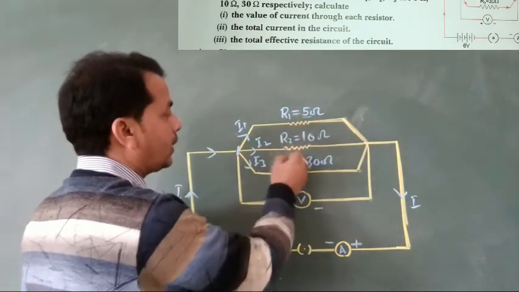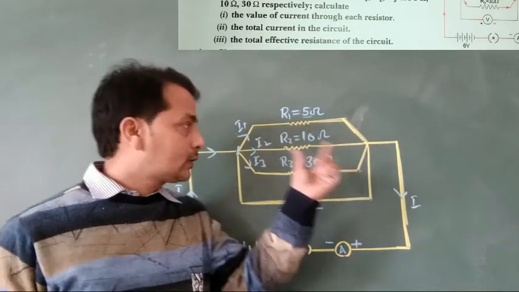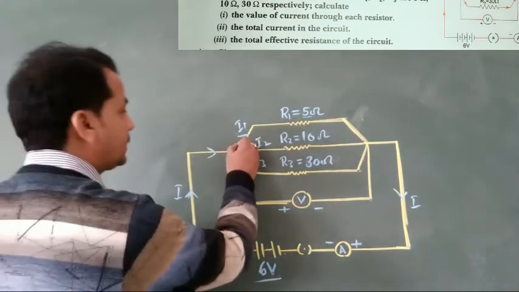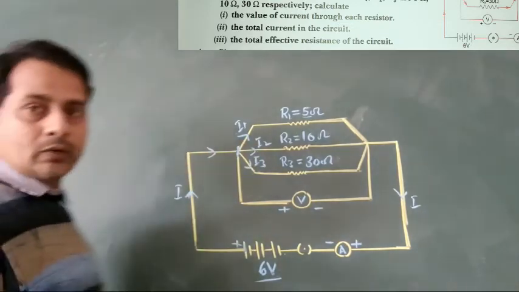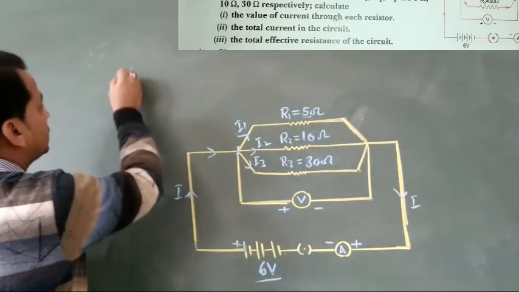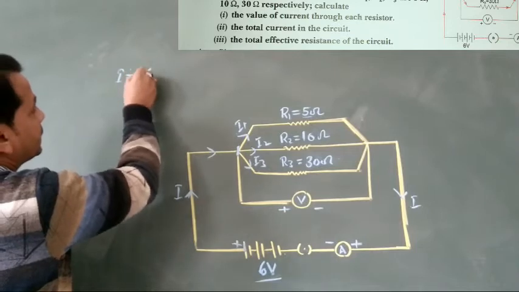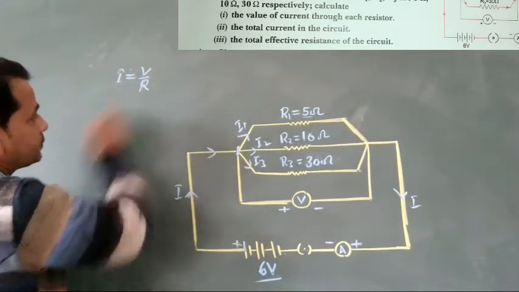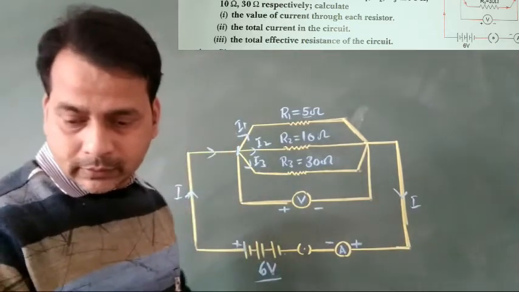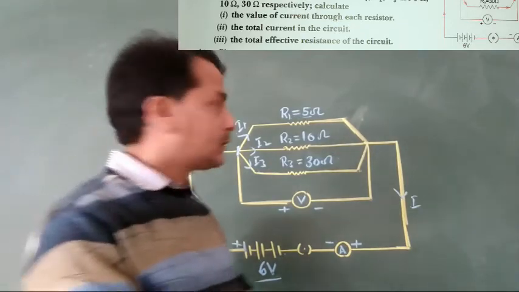R1, R2 and R3 are combined in parallel, and according to Ohm's law, I equals V by R. We calculate the current through each resistor.